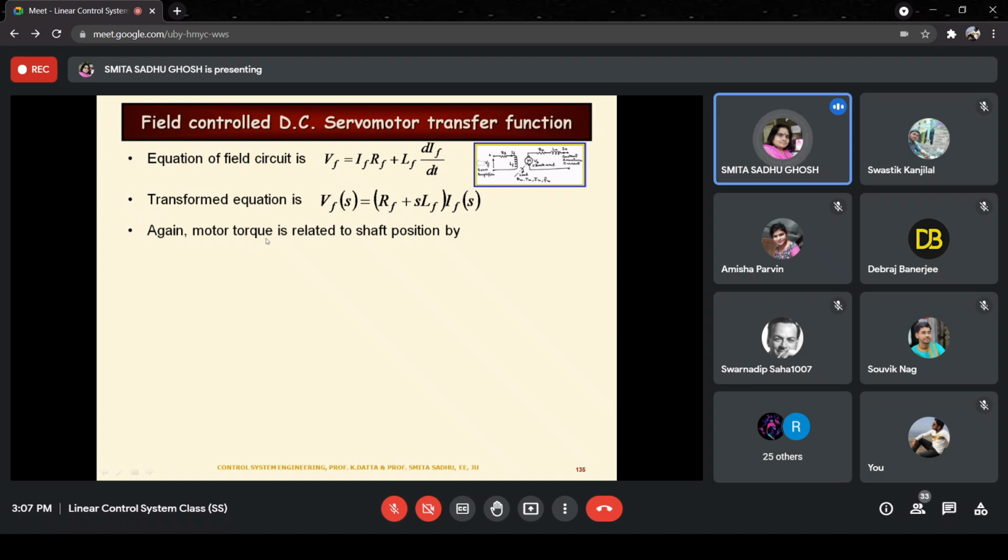You would recollect that we had denoted the torque developed in the motor as Tm and the angular position as theta m. Also, Jm and Fm were denoting the moment of inertia and viscous friction coefficient respectively. So now that hint has been given, what would be the relation between the motor torque and the shaft position?